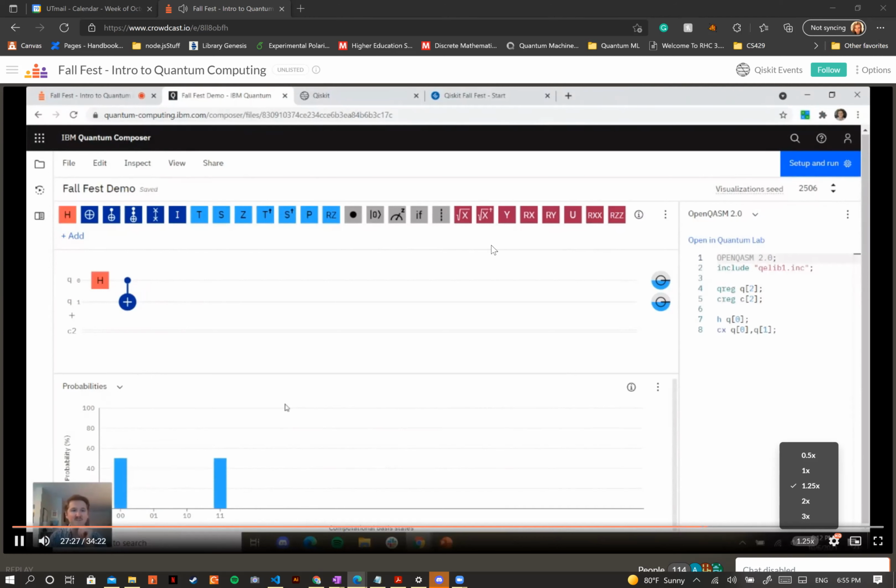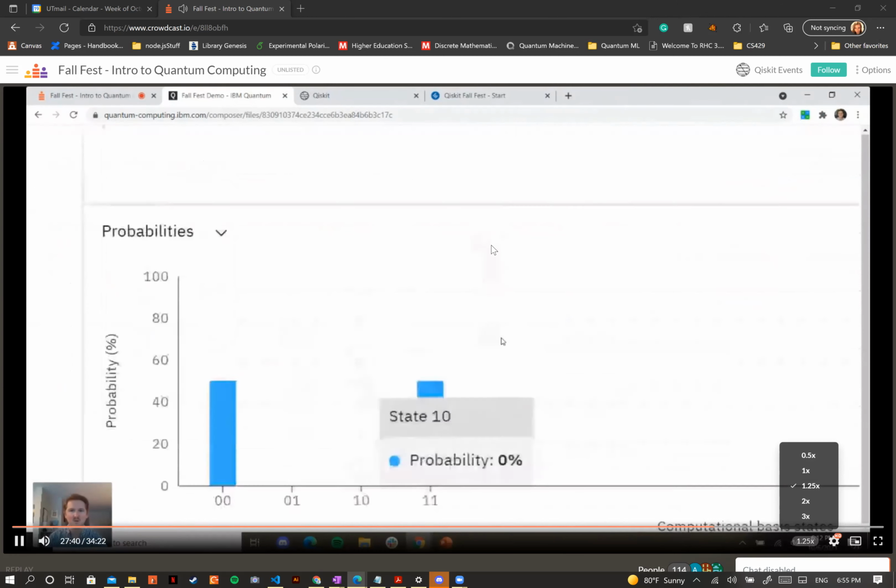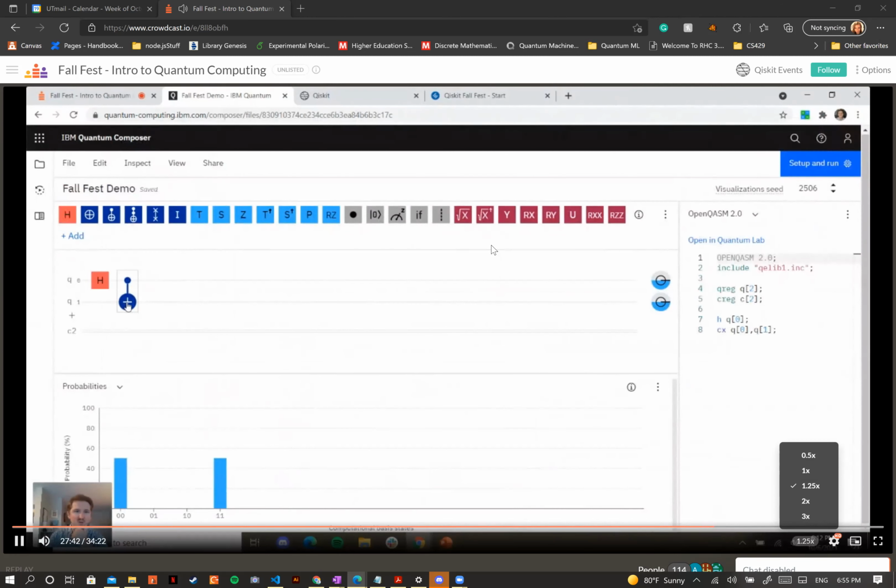And now the probabilities here stayed at 50%, but you can see an interesting thing happen. We moved from it being 0, 0 and 0, 1 to now 0, 0 or 1, 1. So what happened there? Well, when we entangled our qubits here, we've now correlated their result. So when we measure it, if qubit 0 is a 0, so will be qubit 1.